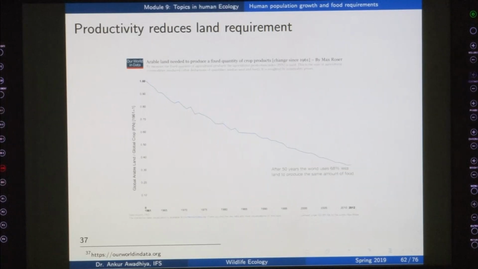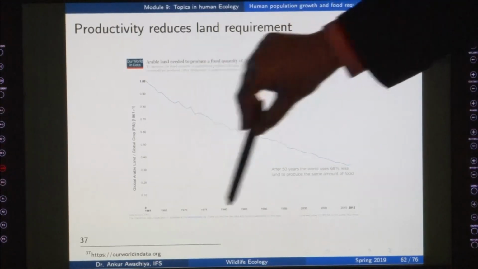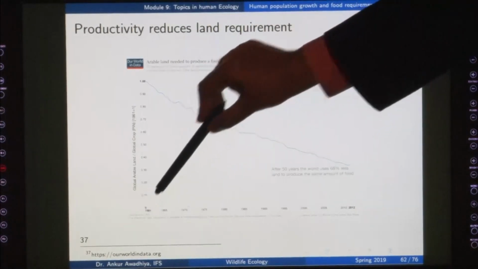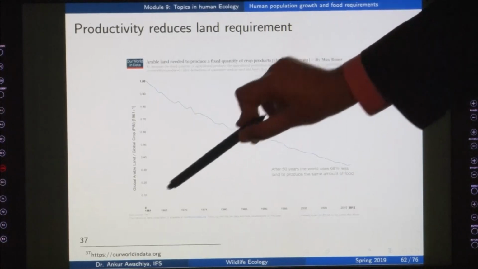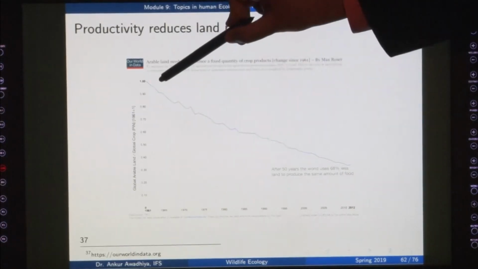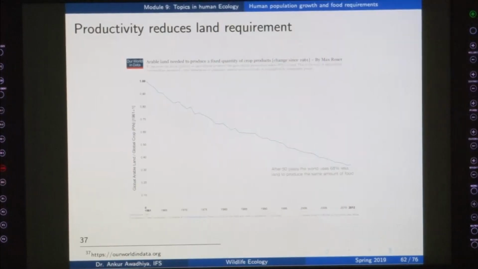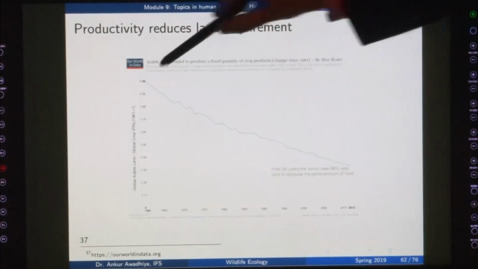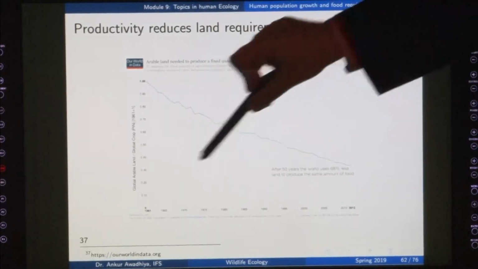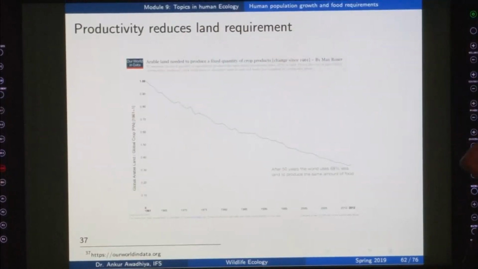Now, this curve is telling us that, suppose on the x axis we have the years, moving from 1961 up to 2012, and if in 1961 we required say 1 hectare of land for producing the amounts of crops that were required then, because of the increase in productivity these days we require not 1 hectare of land, but as low as say around 0.3 hectare of land.